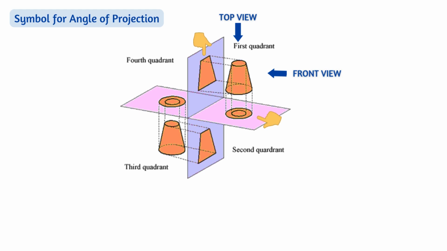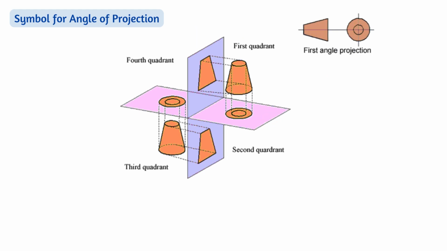For technical drawing, these two views will be seen horizontally with trapezium on the left and concentric circle on the right. For third angle projections, if we see the frustum of cone from front view, we will see the trapezium. From top view, we will see the concentric circles. For technical drawing, these two views will be seen horizontally with concentric circles on the left and the trapezium on the right.